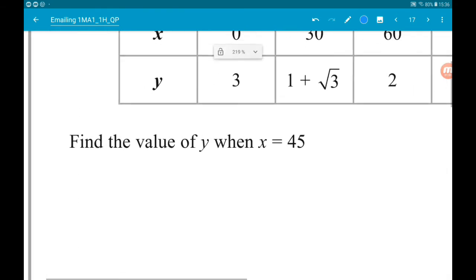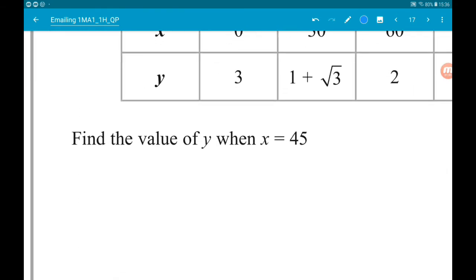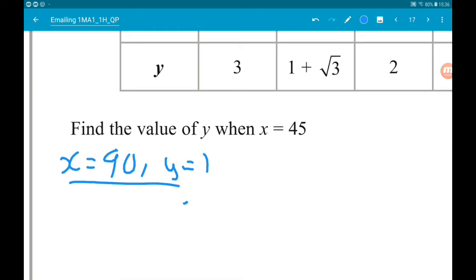That tells us then that 1 is equal to a cos of 90, which is a times 0, add b.